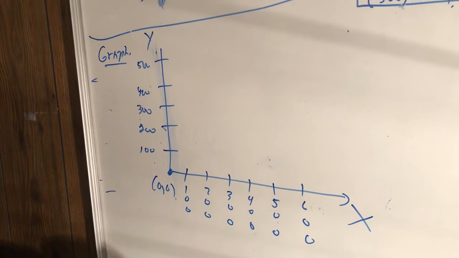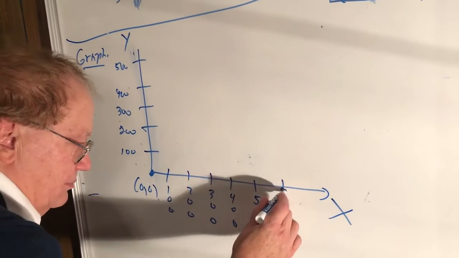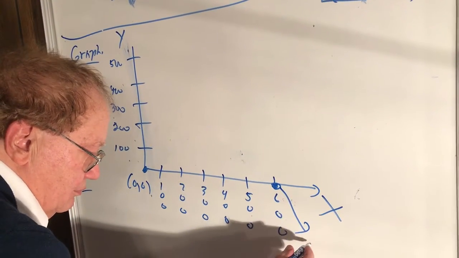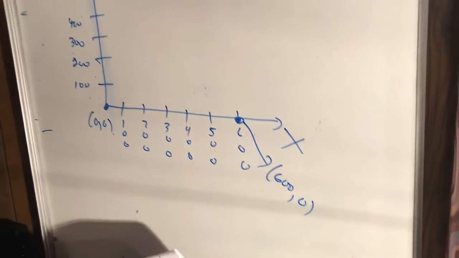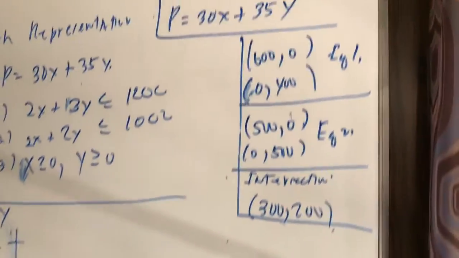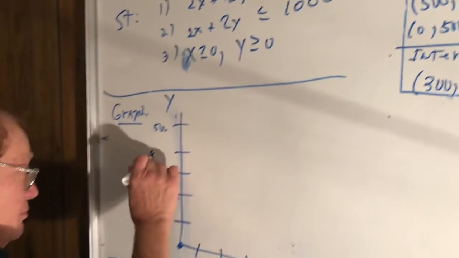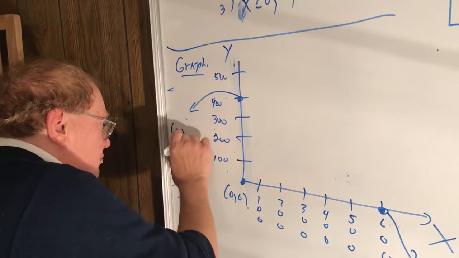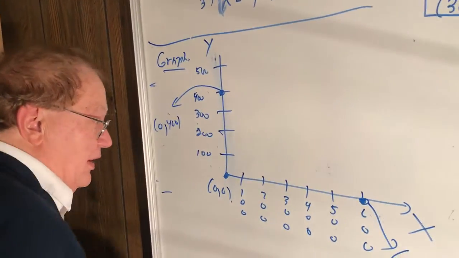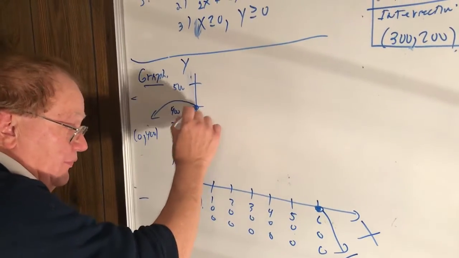Let's get the first one. 600 and 0, that would be here. And 0 and 400. Let's connect those points. That's going to be the first straight line.